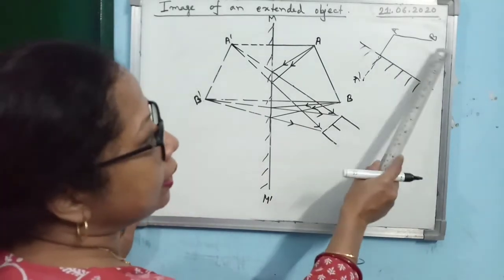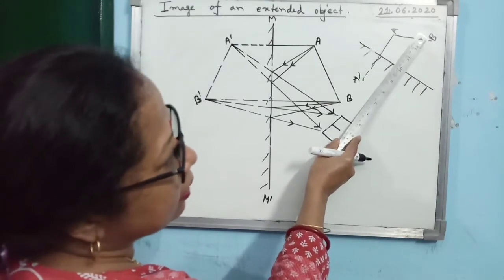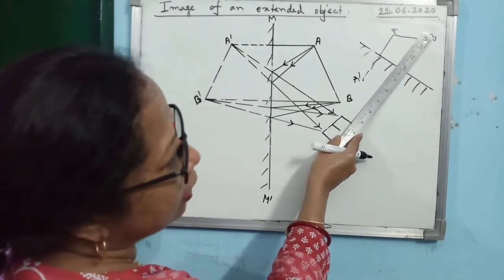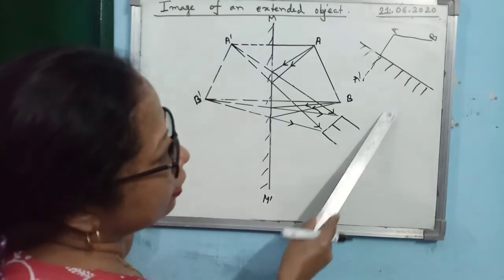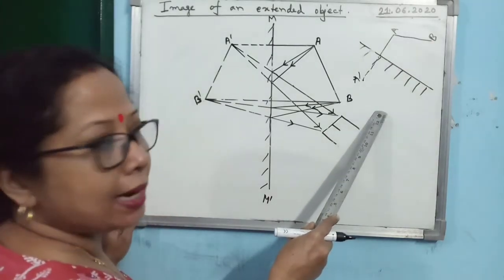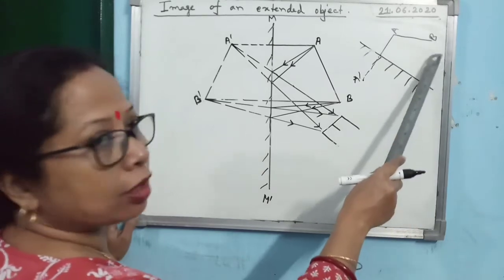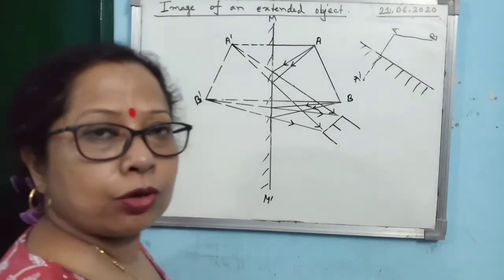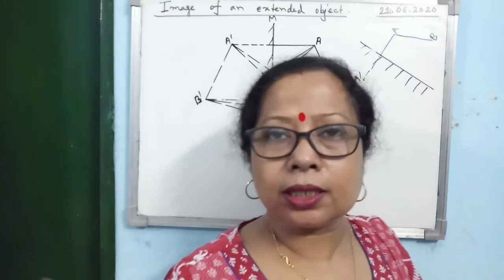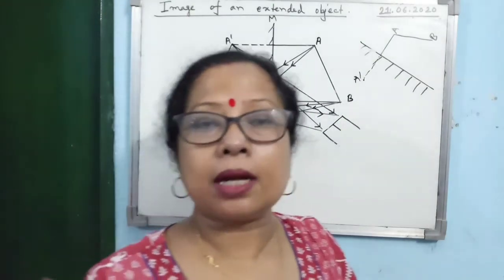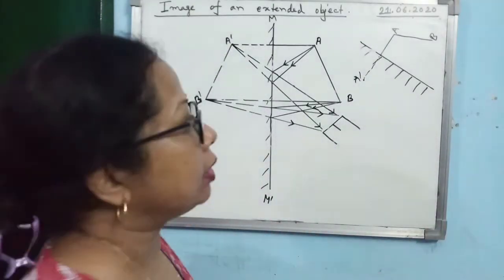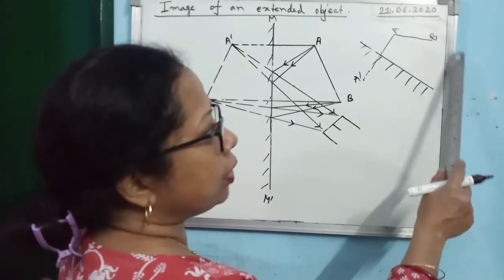Alright. And after that, in the same manner, you hold your scale so that it is perpendicular to the mirror passing through B. Then draw here B dash. Join it. Then where to locate the observer's eye? In front of the mirror. Because you know if you go behind the mirror then you cannot see the image. So you locate it in front of the mirror.